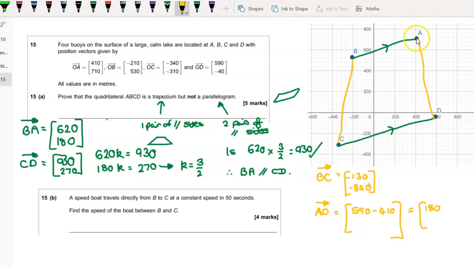Okay, so from A to D, we're going 180 that way, and then we're going from minus 40 minus 710.